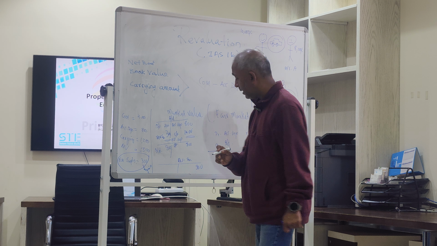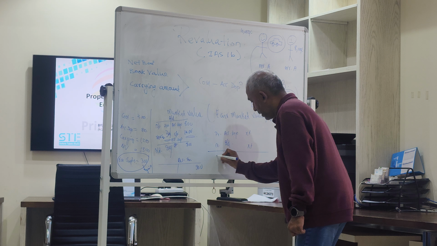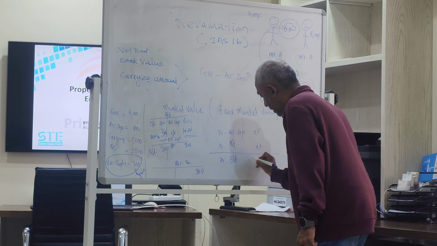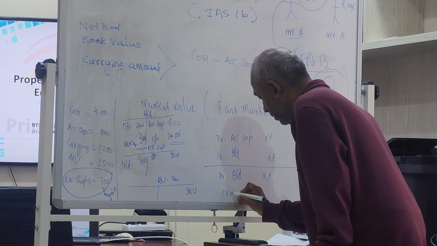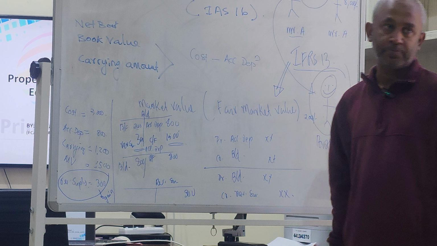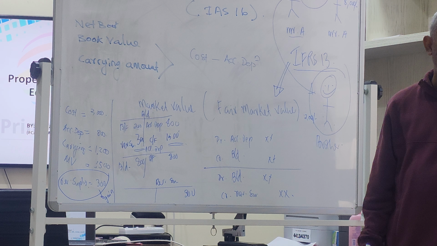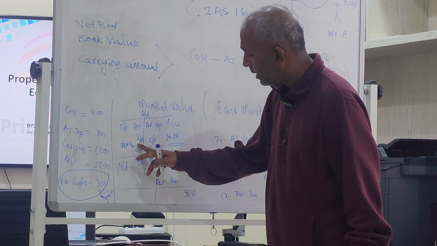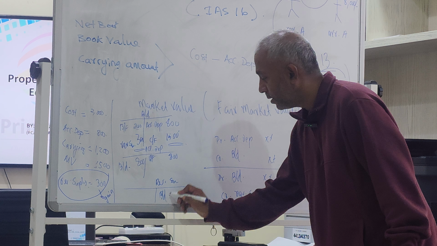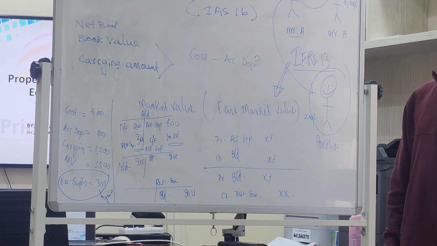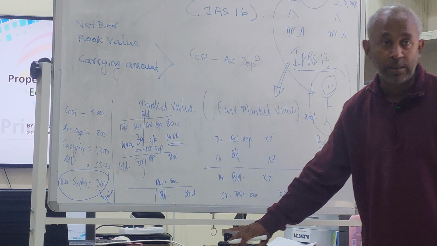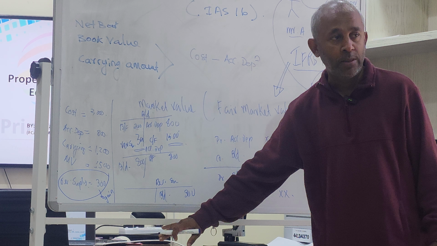So when it is a gain, the second double entry will be I debit this to the respective asset account, building account, and I credit this to revaluation surplus account. Understood? That's what I did. I have debited here and then I have credited here. And this I will name as building. Clear? So this will complete the calculation and accounting aspect of revaluation.